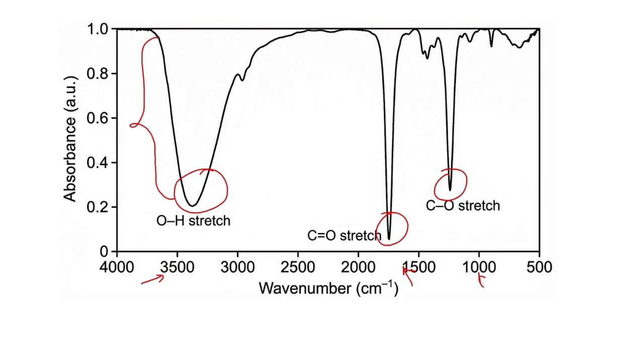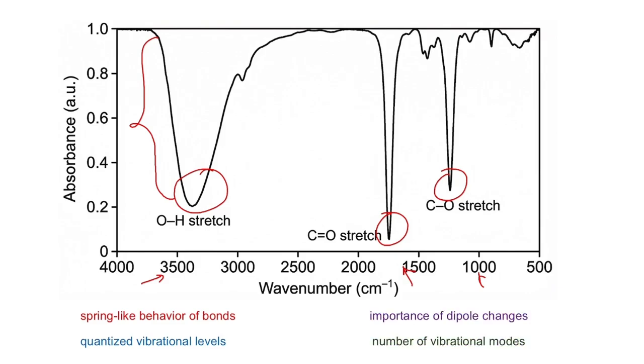When you put all these pieces together, the spring-like behavior of bonds, the quantized vibrational energies, the importance of dipole change, and the number of vibrational modes, you get a complete picture of how FTIR spectroscopy works. It's not just a graph of peaks, it's a profound demonstration of the physics inside the molecules.